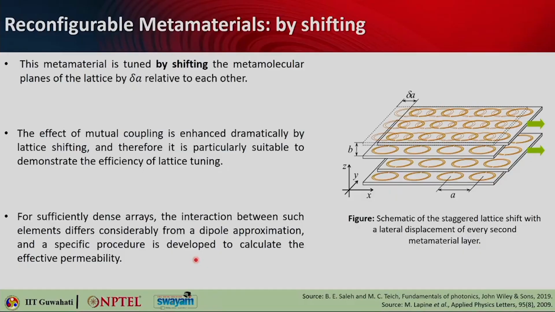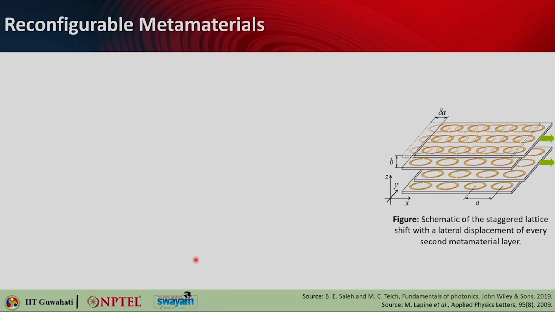That gives you the coupling, and then there is a specific process that can be developed to calculate the effective permittivity of this material. Because when you finally want to know the optical response, you need to find out the effective permittivity of a particular material.